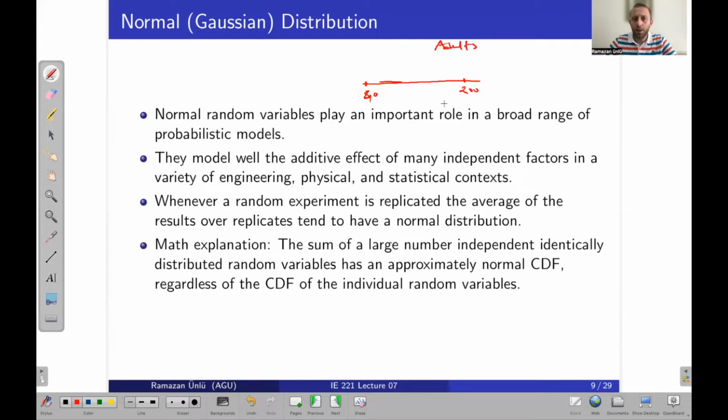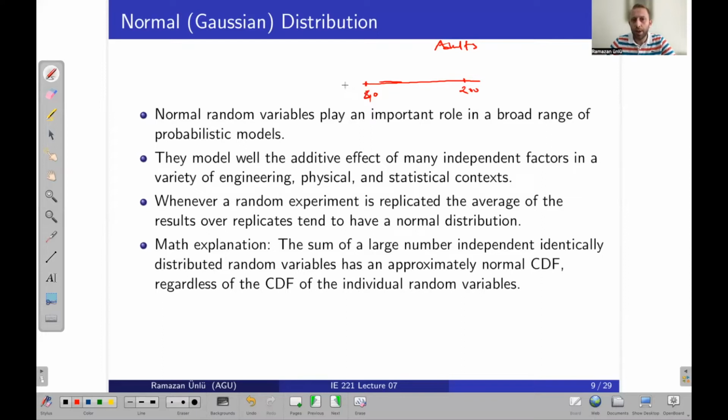Adults. Do you expect that the majority of the people will weigh more than 200 kilograms? No, right? Maybe a small percentage of those people will weigh more than 200 kilograms, and also a few percent of the people will weigh less than 40 kilograms.